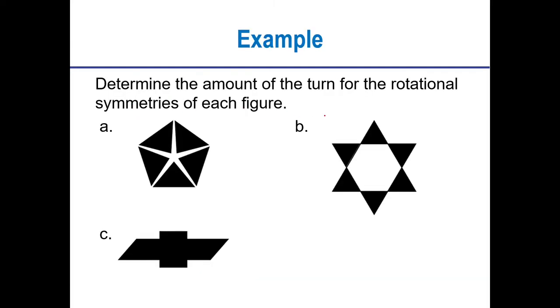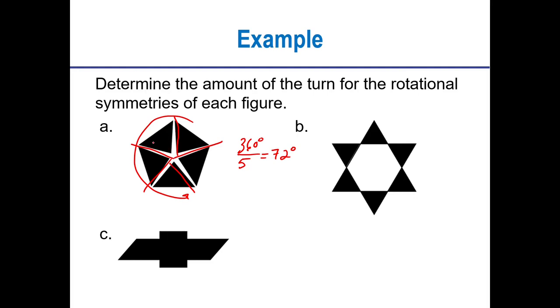Determine the amount of turn for the rotational symmetries of each figure. In figure A, notice that it splits into 5 symmetrical pieces. I know for a full rotation we have 360 degrees. So I can divide that by 5, and this gives me 72 degrees. So one rotation of 72 degrees will have a turn symmetry that will yield the same image.